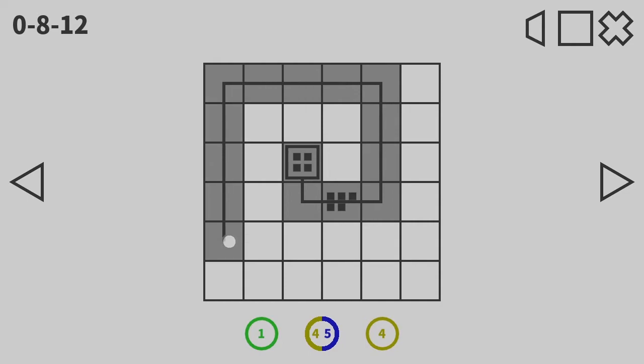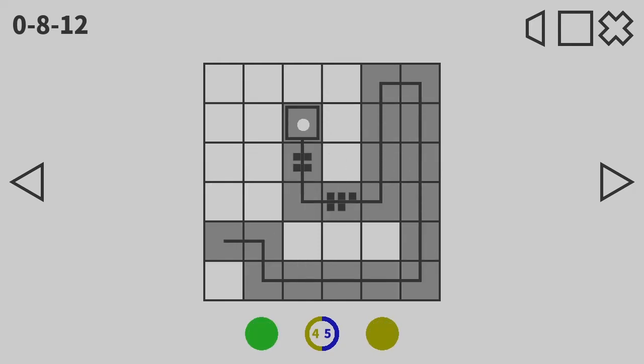Eleven, 12, 13, 14, 15, 16, 17, 18, 19, 20. It could be like anywhere. 1, 2, 3, 4, 5, 6, 7, 8, 9, 10, 12, 13, 14, 15, 16, 17, 18, 19, 20. Wow, I actually did 20 there.